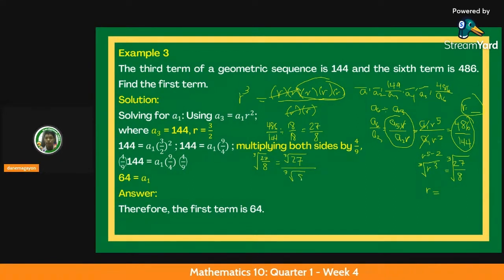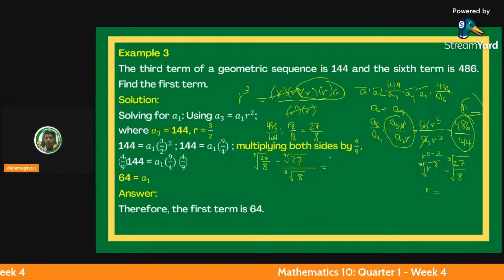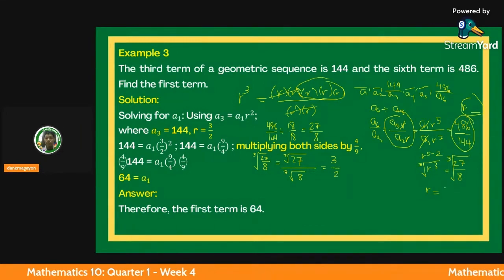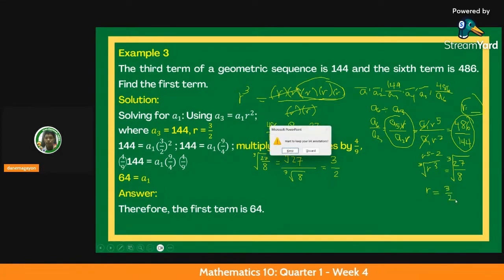We all know na yung 27 saka 8, these are perfect cube numbers. When you get the third root of 27, this will be equal to 3. When you get the third root of 8, this will be equal to 2. So yung value ng r natin is equal to 3 halves.